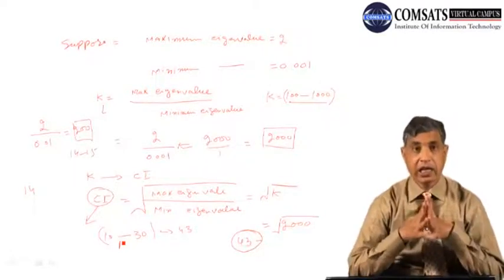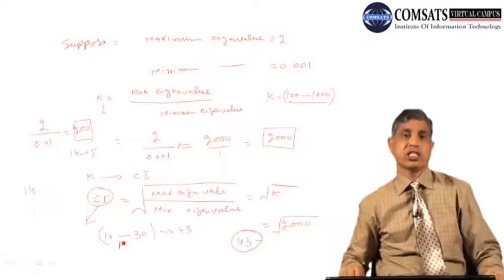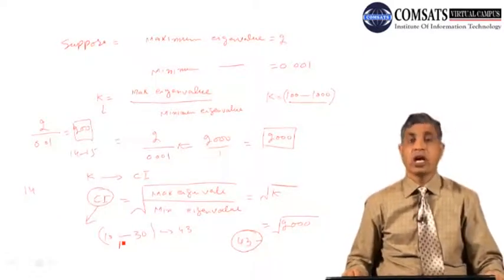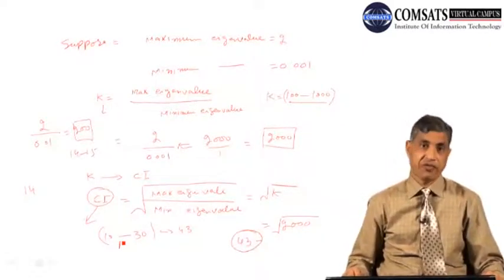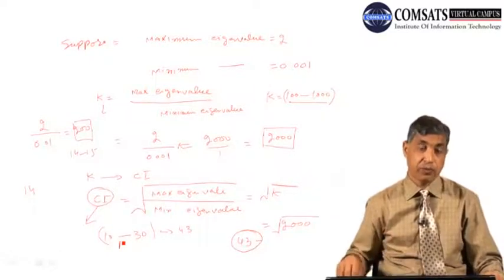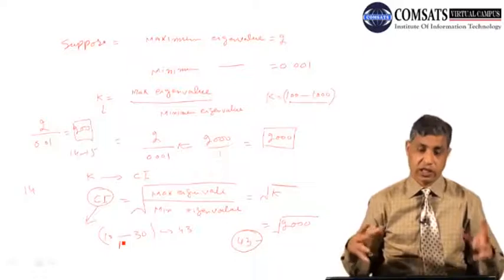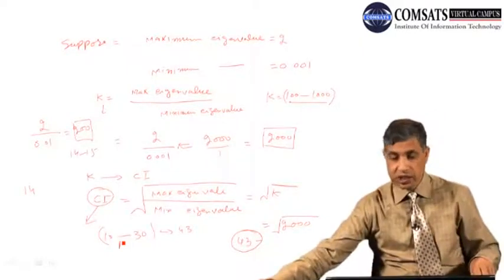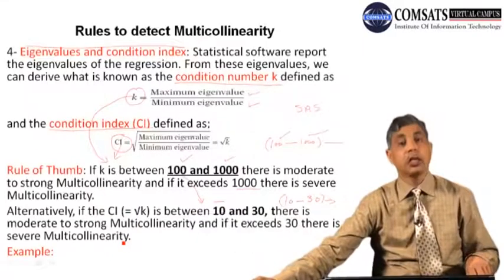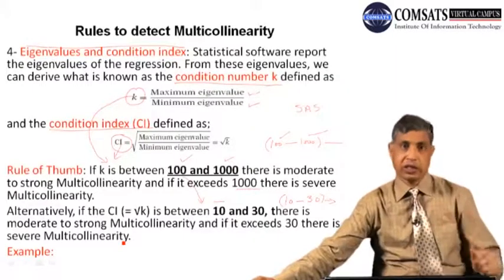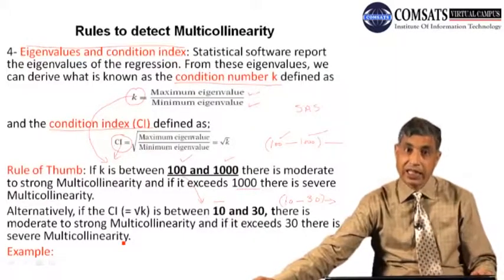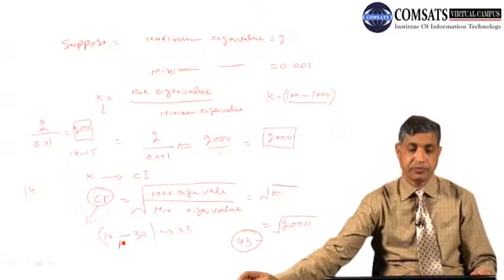You will be getting the values of these eigenvalues from the statistical software. It will be reporting there. If there is no report, then it is difficult to calculate this one. This was the fourth method to detect whether there is multicollinearity or not.